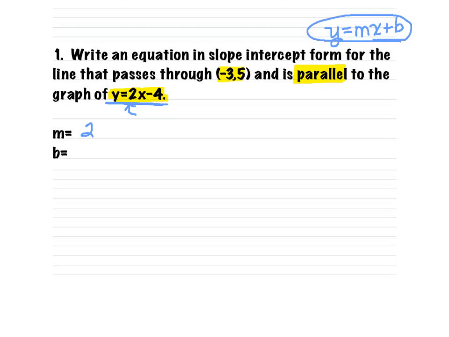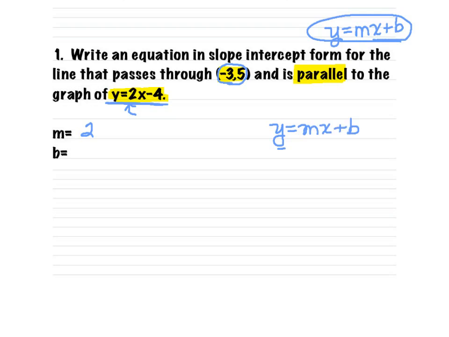But my line is going to go through this point, negative 3, 5. So I have m, I have x, and I have y. Let me take the slope-intercept form of this equation, y equals mx plus b.